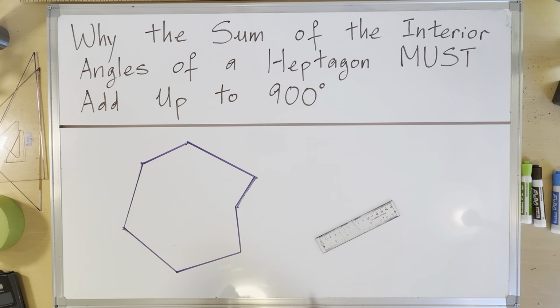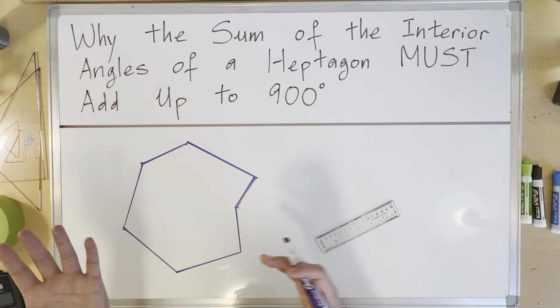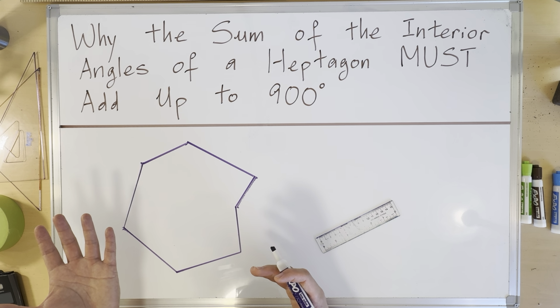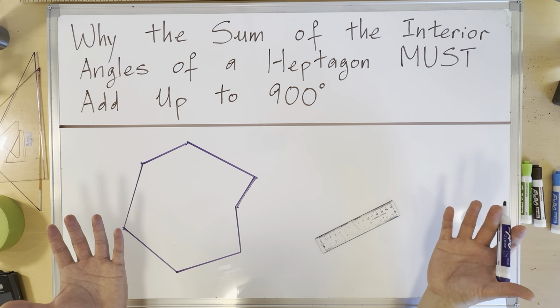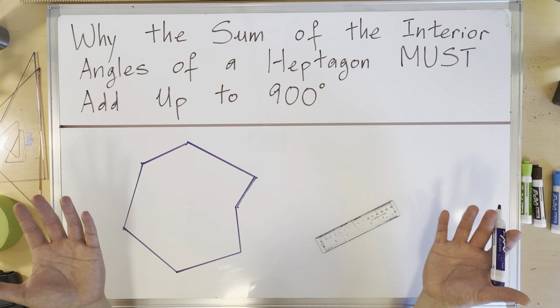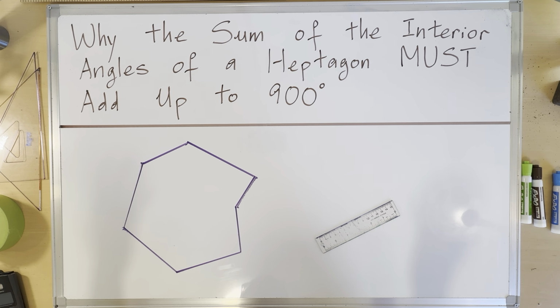Now, what you can see is that a heptagon, regardless of whether it is a regular or an irregular heptagon, and regardless of whether it is a convex heptagon or a concave heptagon like this one, all heptagons can be divided into 5 separate triangles.